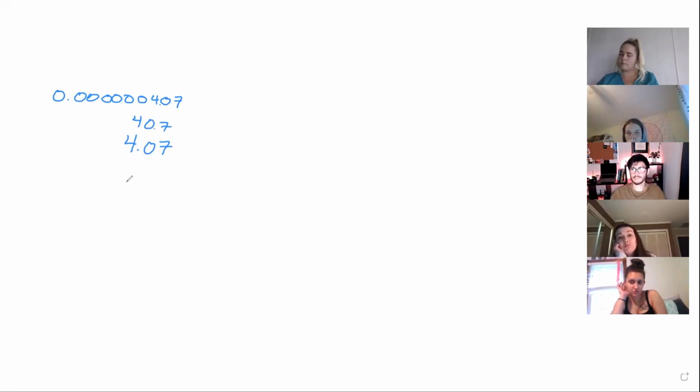Wouldn't want to go with 0.407, kind of overshot it. So this is where we're sticking. Let's hop our decimal 1, 2, 3, 4, 5, 6, 7 hops. So times 10, the exponent will have a magnitude of 7. And because this is a small number, I'm going to give it a negative value. So 4.07 times 10 to the negative 7th.